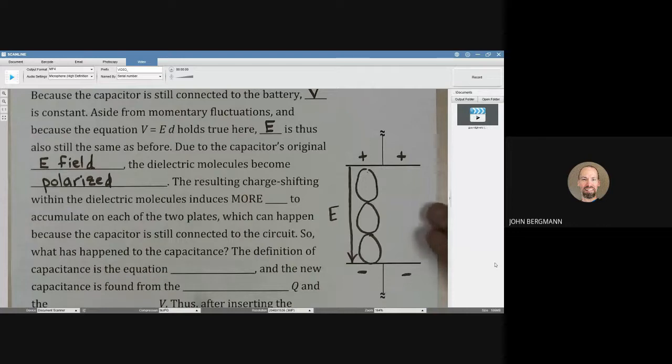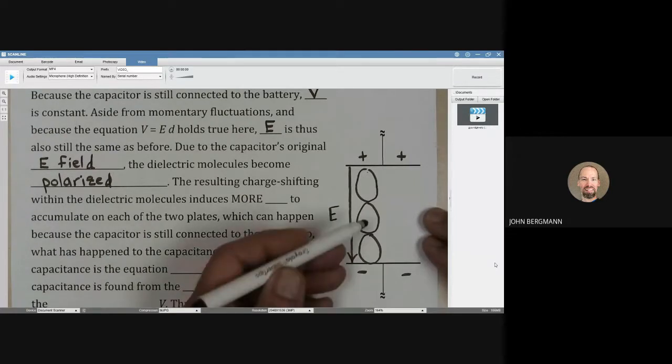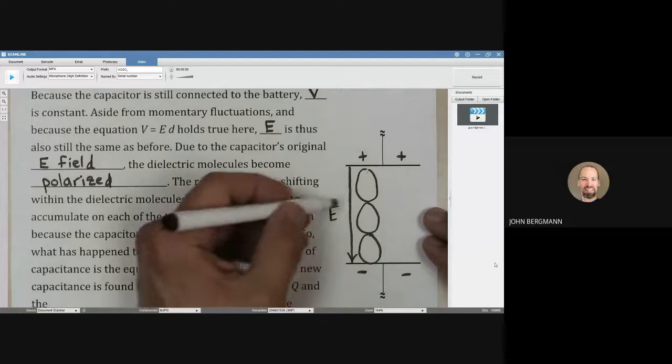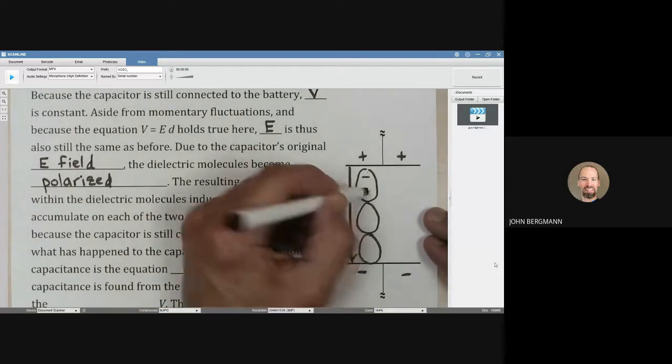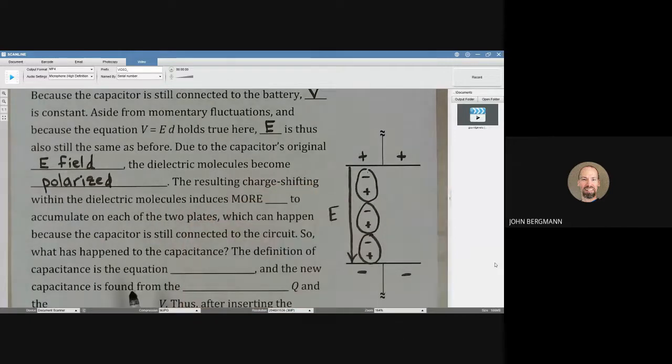They are relatively fixed in place, but the electron clouds can shift a bit, and electrons, negative charges, go opposite electric fields. So what you end up with is a charge distribution in each of these molecules that goes something like this, with the negative on the top as I've drawn it and the positive at the bottom.